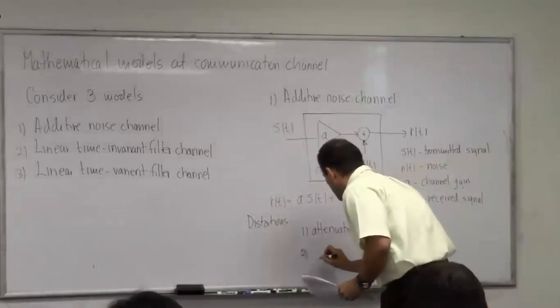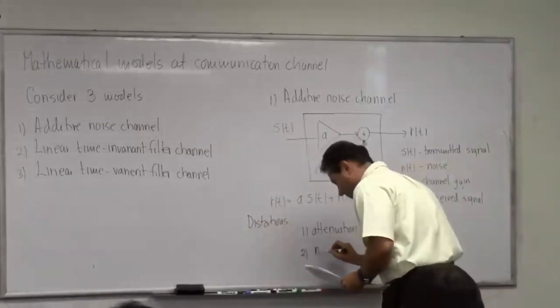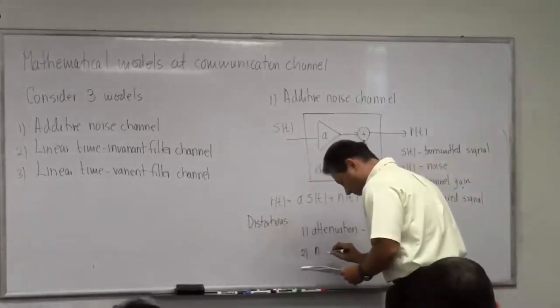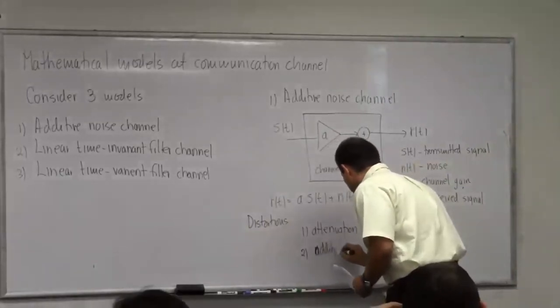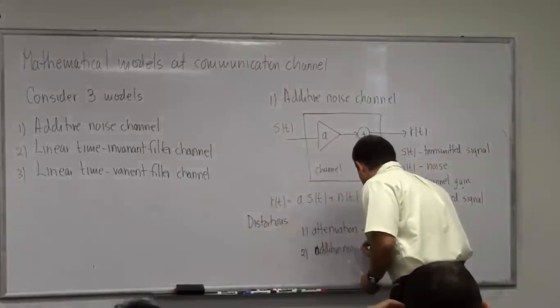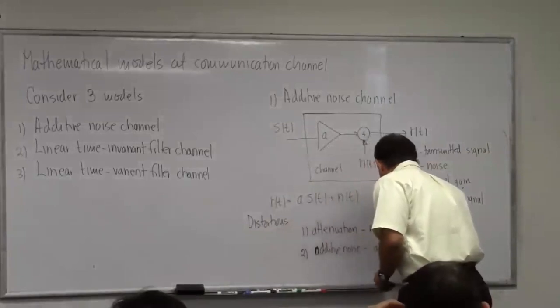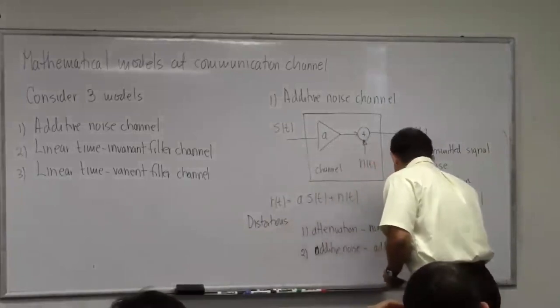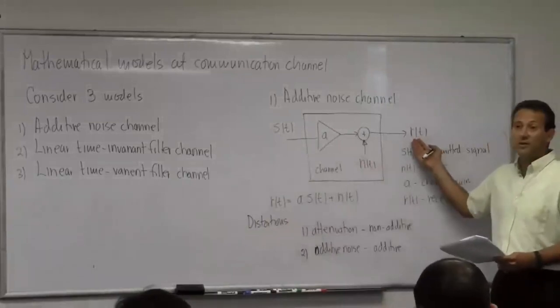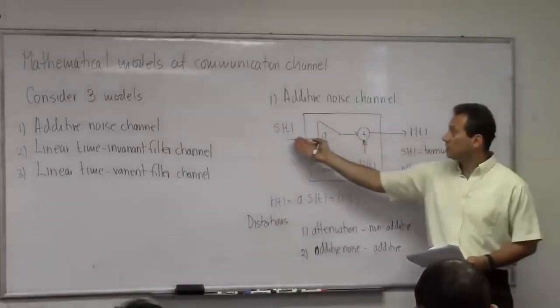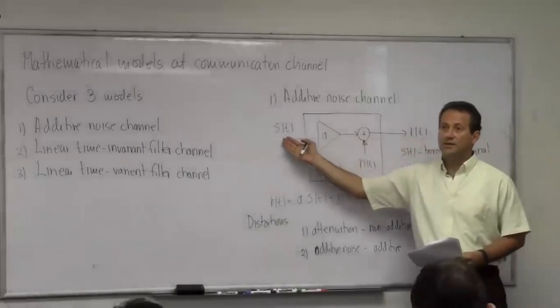The second type of distortion here is that the signal gets corrupted with noise. So this is additive noise, and this is an additive type of distortion, because now you have a signal present in your output that was not present in the input.